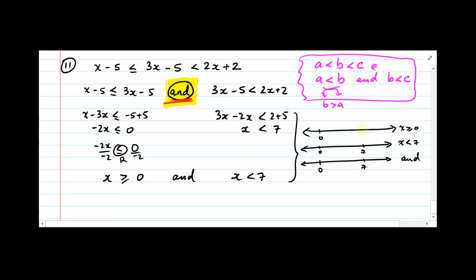I'll put it on all of them. So we would have these three number lines, and let's complete the first two. Closed circle at 0 and open circle there. Let's shade the regions, everything to the right.